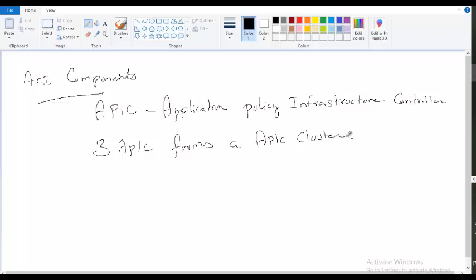Even with one APIC, you can have ACI, but it is always recommended to have a cluster. In a lab environment, you may see only one APIC, but in reality, there will be at least 3, sometimes even 5. So it works in a group.